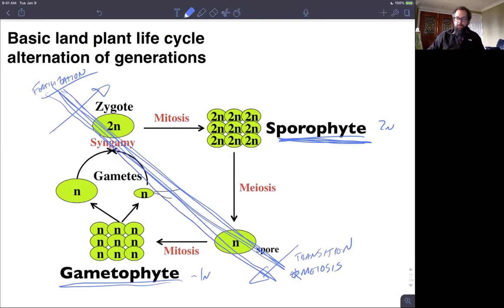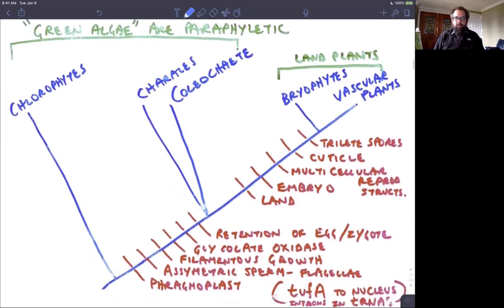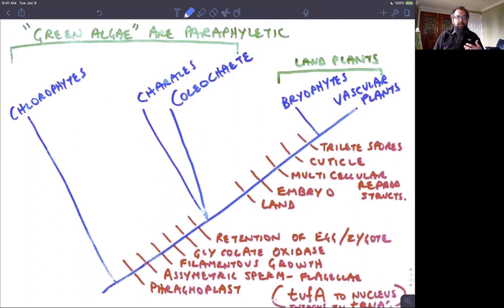Okay, so if we then look back at our group of synapomorphies, recognizing that green algae were paraphyletic, we're able to reconcile a lot of those characteristics that are leading to the rest of the Viridiplantae, so Charophycean green algae plus the land plants. We then see that we have a bunch of synapomorphies for land plants themselves.